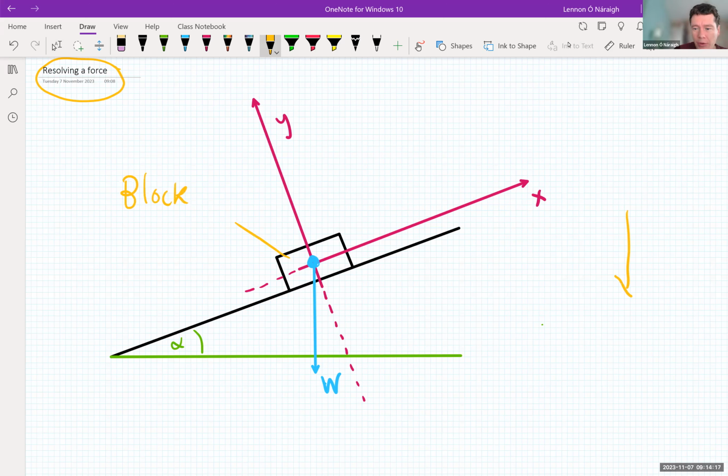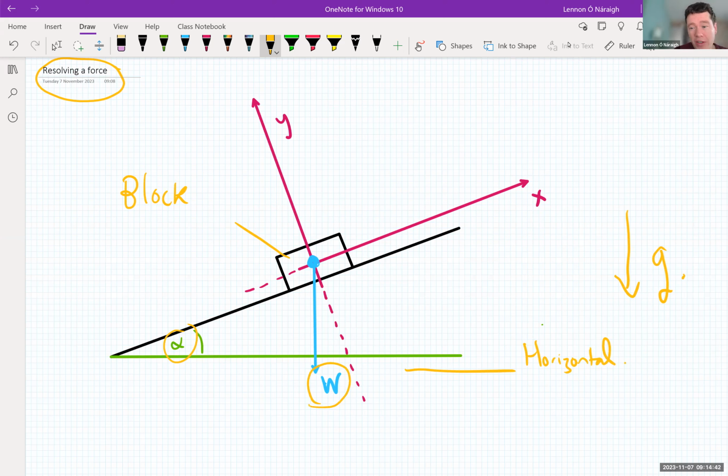So gravity is pointing down, and the inclined plane is at an angle alpha to the horizontal. The weight of the block is pointing down, and I've shown the weight vector here, W, pointing down.